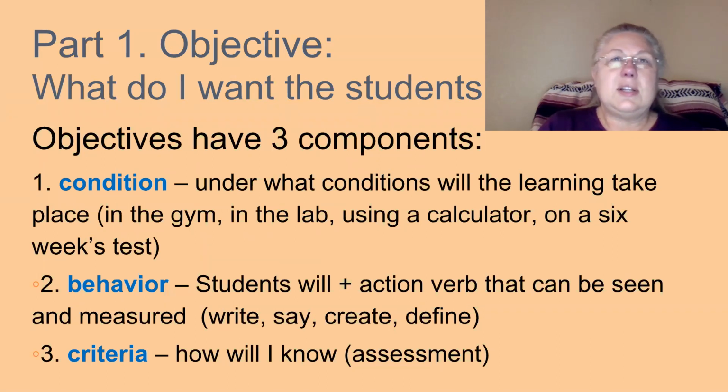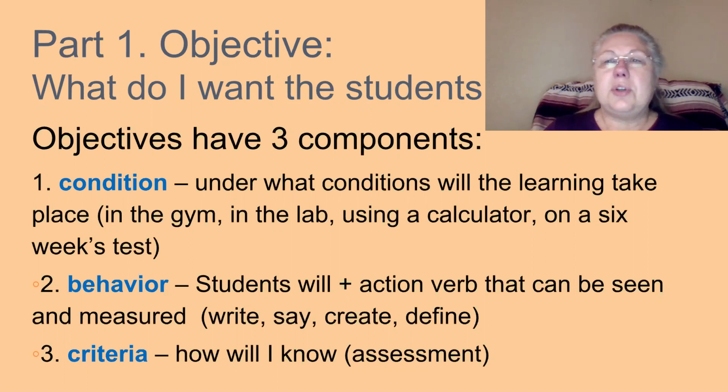Maybe you're teaching a lesson on clouds, cloud formations or names of clouds. And so maybe that particular day, you're going to take your students outside, out by the gazebo or something. So that would be a condition. Maybe they're going to need some note paper or be working together in teams. Those are conditions. Okay?